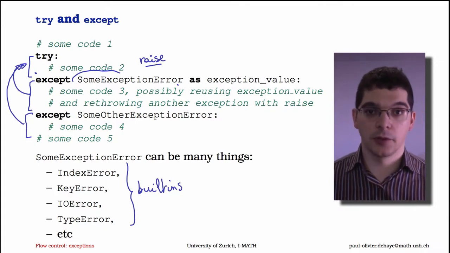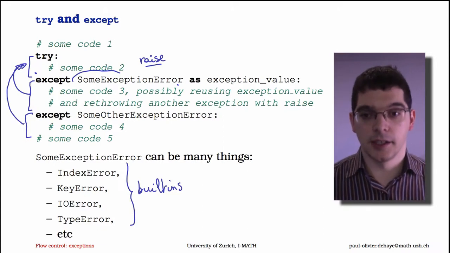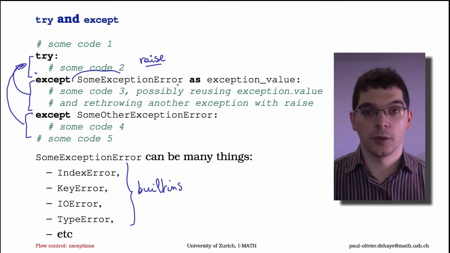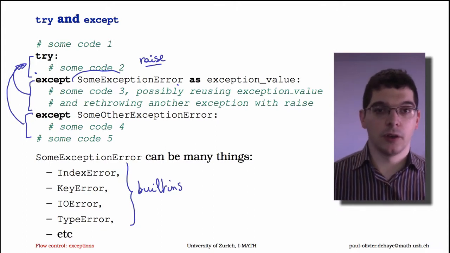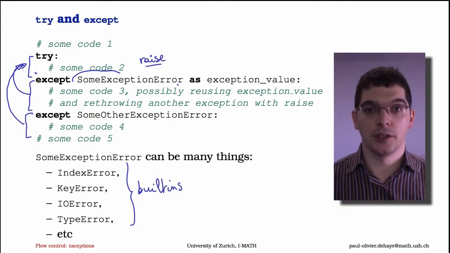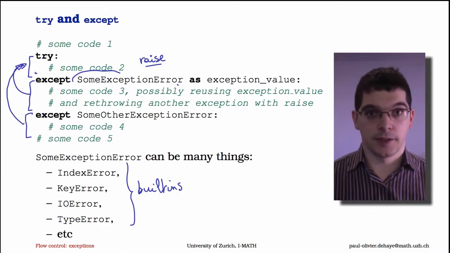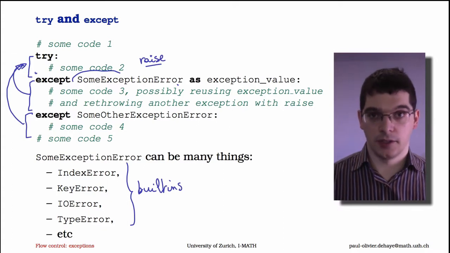So the 5th entry of a list of length 2, or a key that's not in a dictionary, something like that. IO error occurs when you're trying to open a file that does not exist. And type error would occur when you're trying to do sums or operations on objects that don't support it. There's a lot of different exceptions that are built in that you can use, and in the documentation you will see links to those.